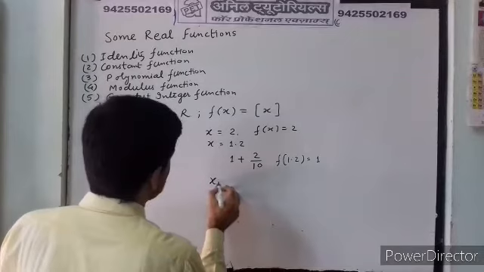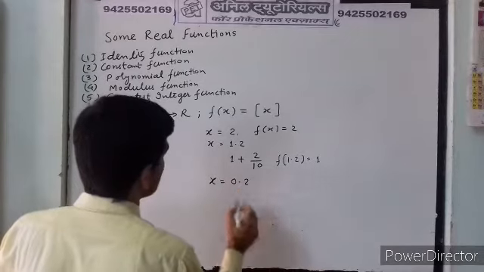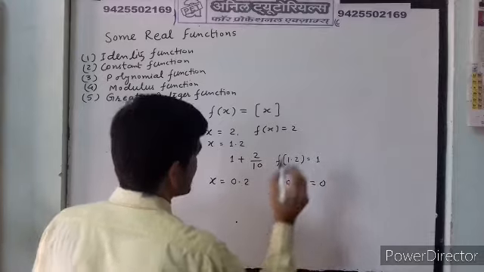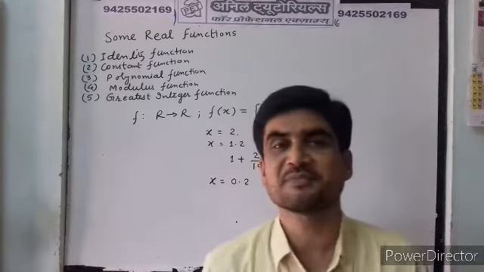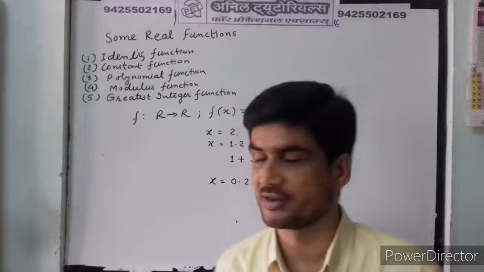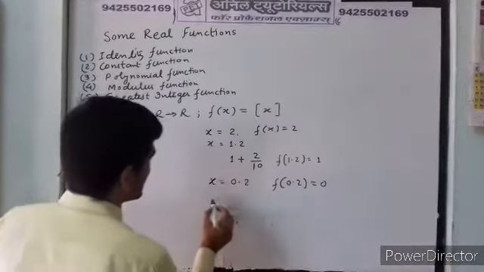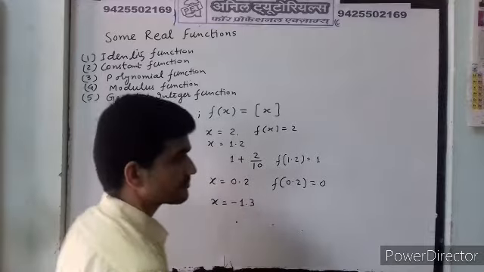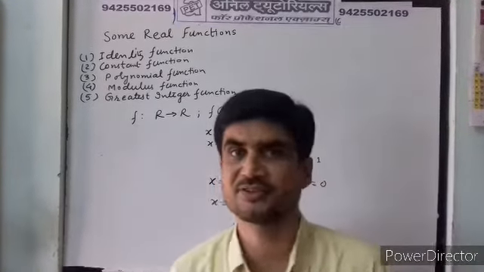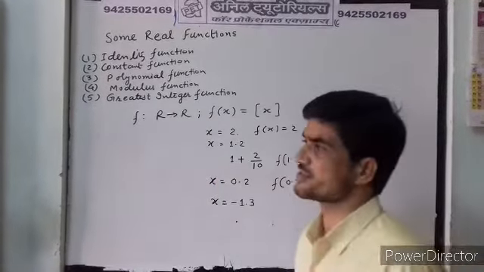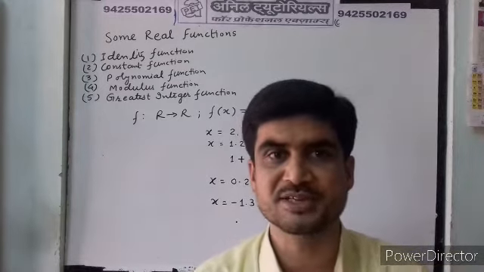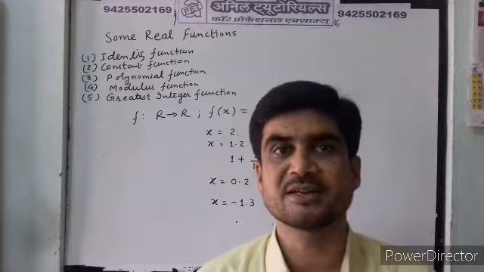Similarly, when you write x equal to 0.2, its integral part is 0. Okay. Now if you have any negative number, suppose x is equal to minus 1.3. Just remember minus 1.3, how can you describe this number? See, what is the integral part of this?